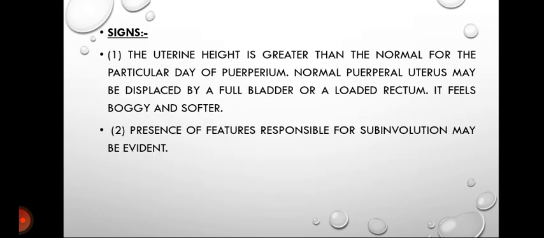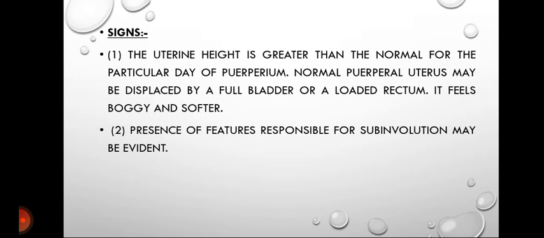Then what signs can we see during subinvolution? The height of the uterus. As the day of the puerperium or postpartum period increases, the size of the uterus should decrease. Involution is a process where the size of the uterus reduces and it returns to its normal state as before pregnancy. But as there is subinvolution, there is no progress of involution in the body.